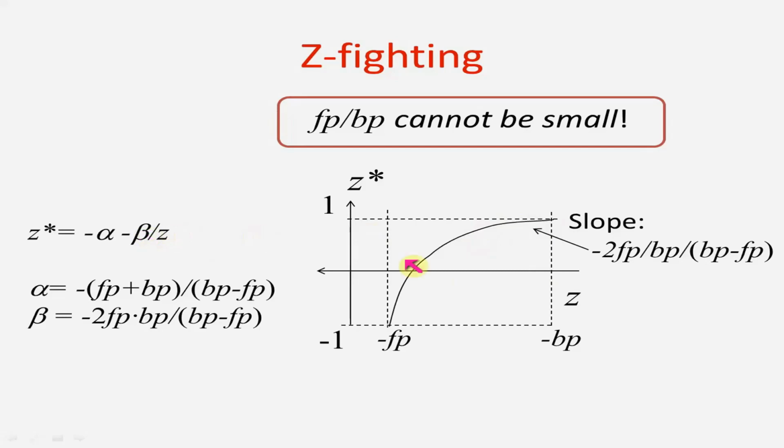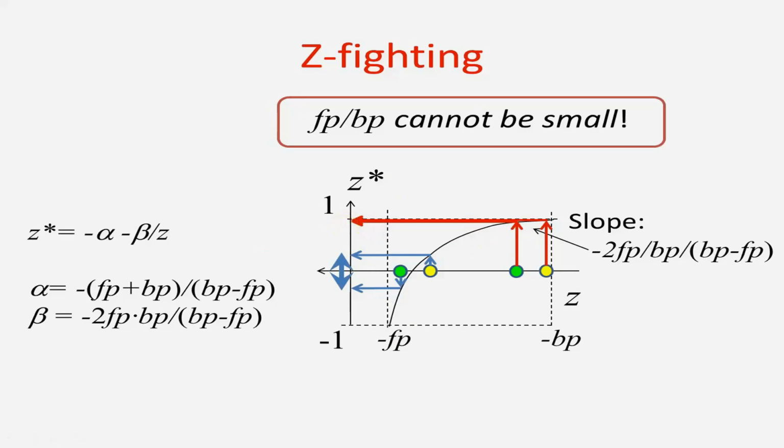If we have 2 points for which z is small, then after substituting their z values into this hyperbolic function, the z star values will be quite different. But this is not the case when z is close to the back clipping plane and the back clipping plane distance is big, because their difference disappears or almost disappears after the transformation.